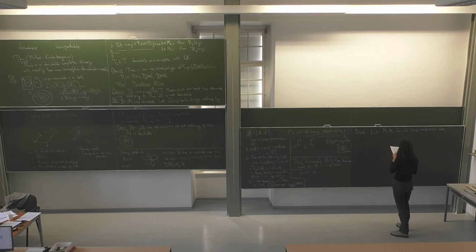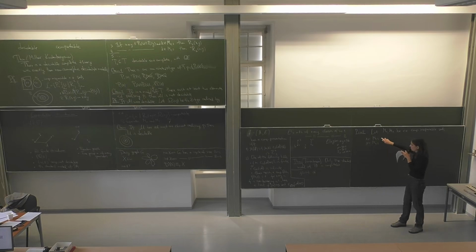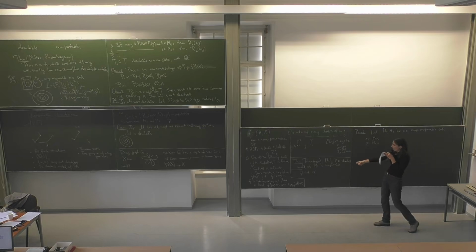So, our facts that we will code as formulas are the following. We will say x belongs to M0 by stage s, y belongs to M1 by stage s. This is a computable fact. It can be expressed in the language of Peano arithmetic. We do not need to say that there exists a stage.